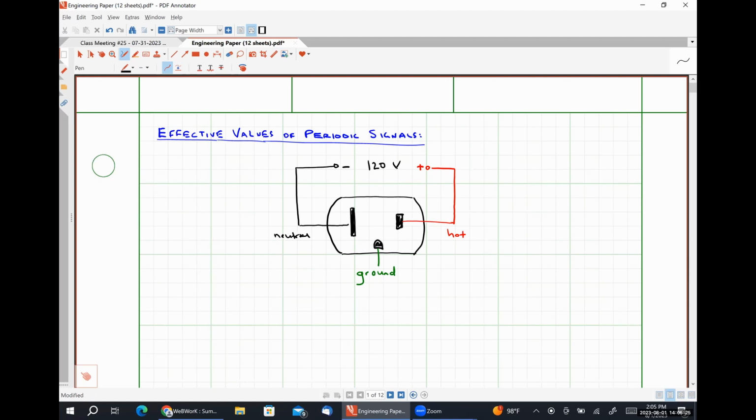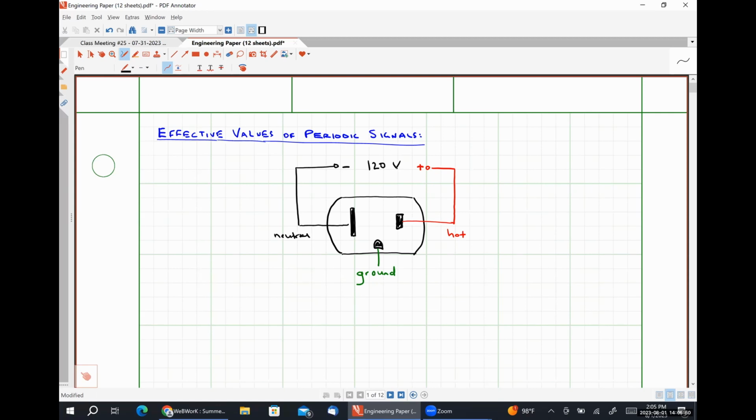But that is very device specific. For instance, the power supply for our computers converts that 120 volts AC into 5 volts DC. For some other things, it might be 12 volts DC or 9 volts DC. But for a lot of things, that AC voltage isn't converted at all.